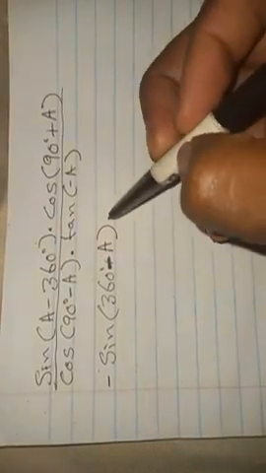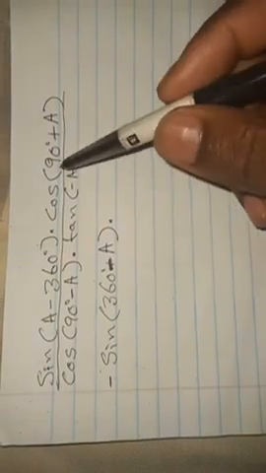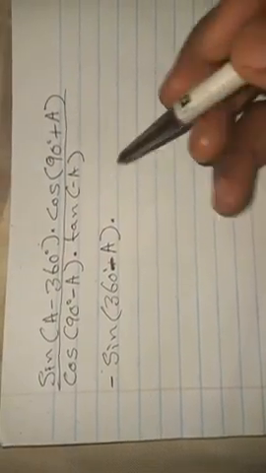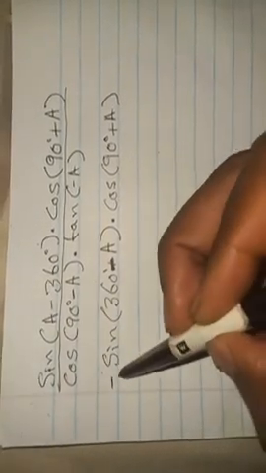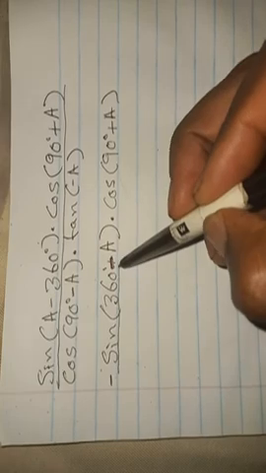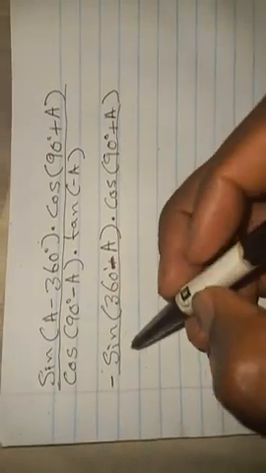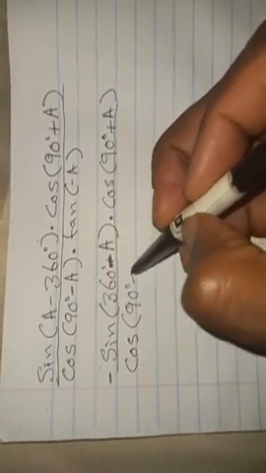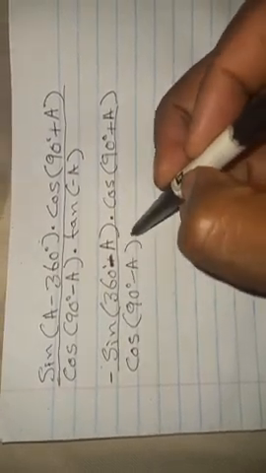And then we are multiplying with cos of 90 plus a. Let's copy it as it is, 90 degrees plus a, all over cos of 90 degrees minus a multiplied by tan of negative a.